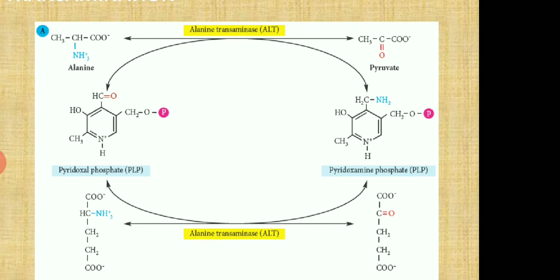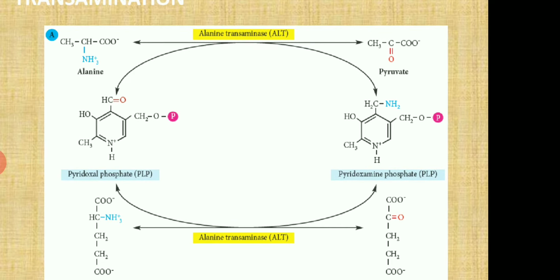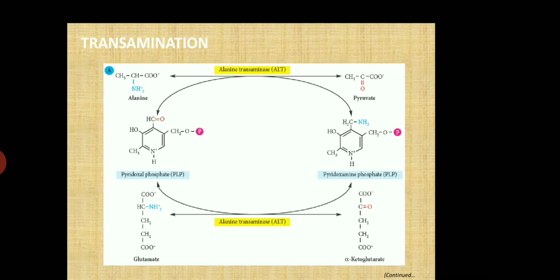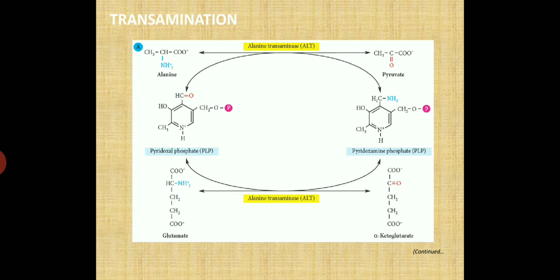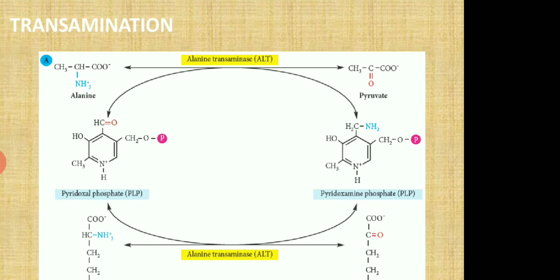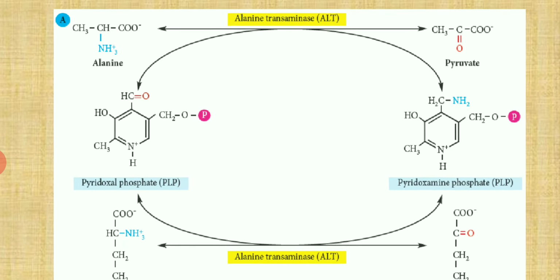So again in this figure it is shown alanine in presence of alanine transaminase. Glutamate plus alanine in presence of alanine transaminase forms pyruvate and alpha ketoglutarate.